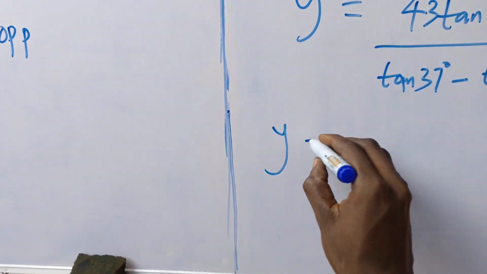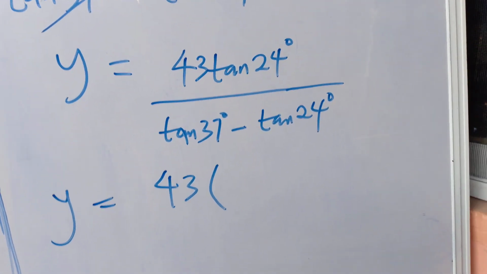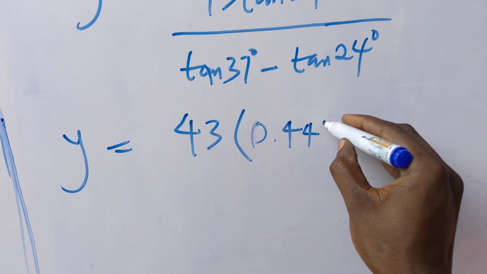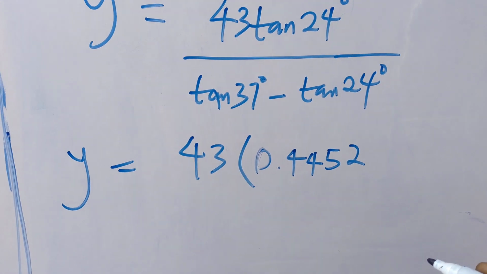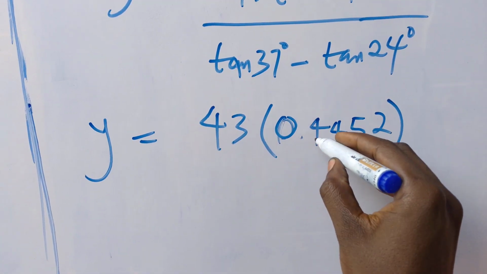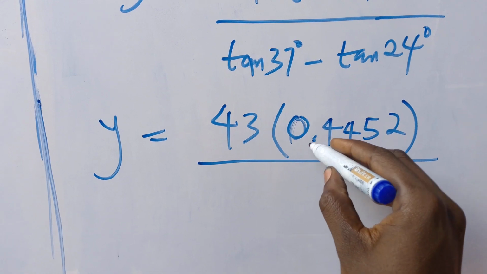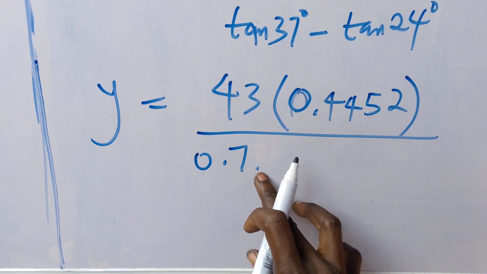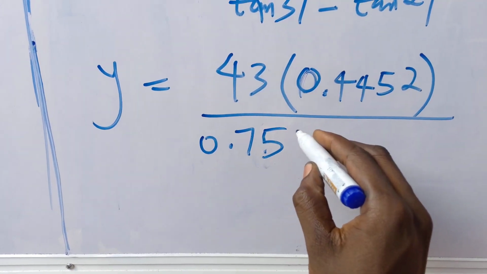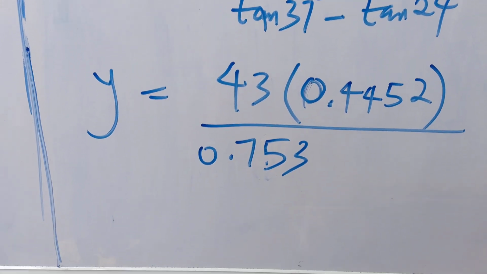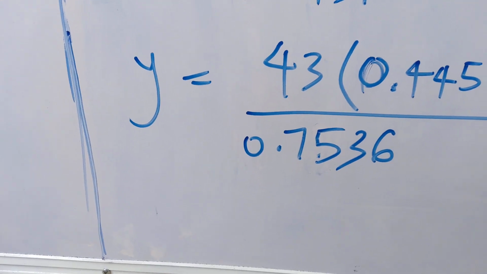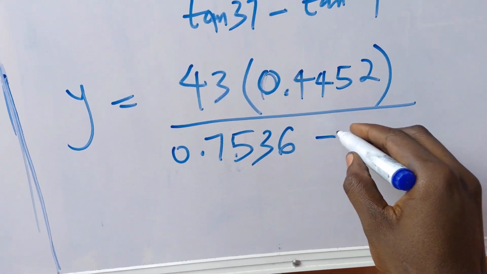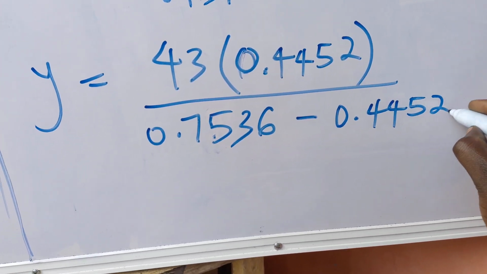Y will be equal to 43 times tan 24, which with your calculator gives 0.4452, over tan 37, which is 0.7536 to 4 decimal places, minus 0.4452.